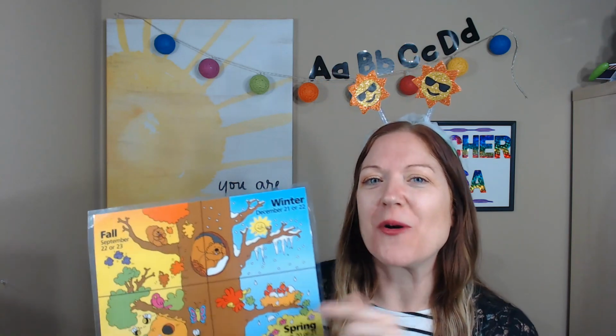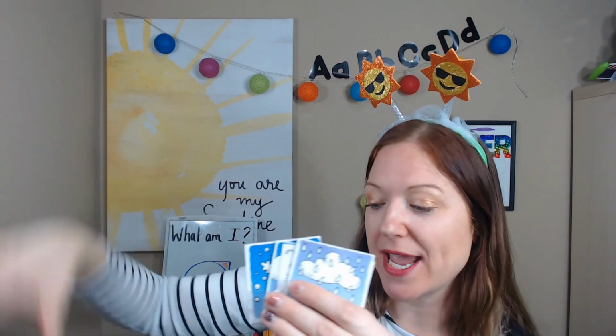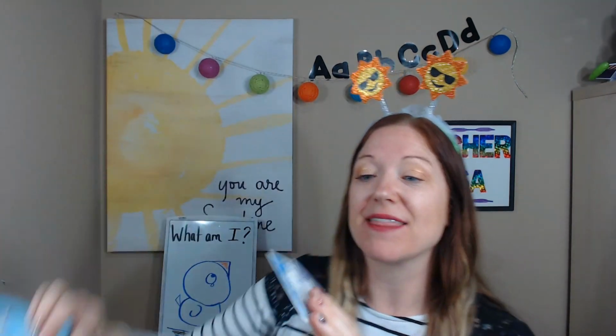Again, asking the students, and if they're a regular of yours, you know what they're capable of. So just, again, asking those extending questions to get them talking at all times. I also have weather cards. So I have seasons on here, and then I have weather cards. We're talking about snowy weather, stormy, windy, sunny, and rainy.